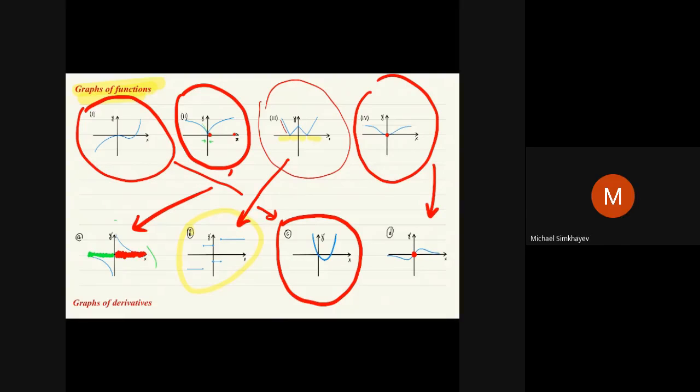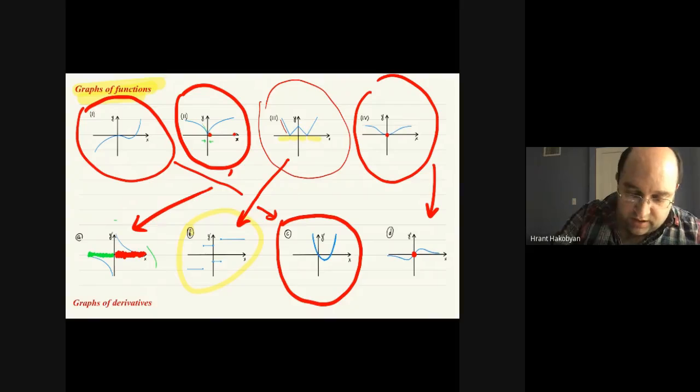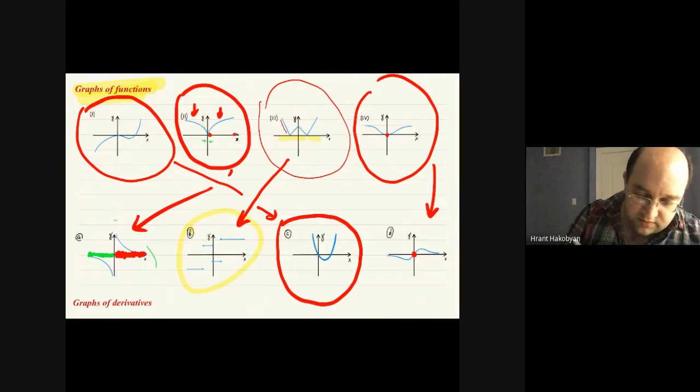Graph 2 has no zeros, right? Also, if you see here, it's increasing here, and here it's decreasing. So that means the derivative has to be positive in this part. See, it's above the x-axis, and here it's negative, below the x-axis. So that's why this one corresponds to that one.